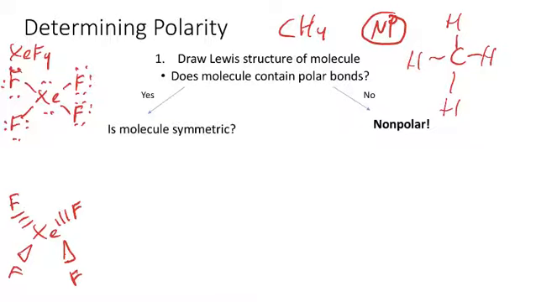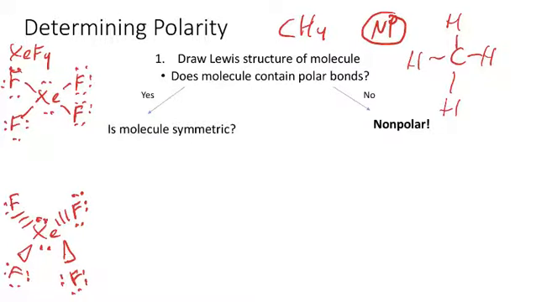We fill in, not very neatly again, apparently, the extraneous lone pairs, 2 on the xenon, and 3 lone pairs on each fluorine. It takes me just a second here to get this correct.